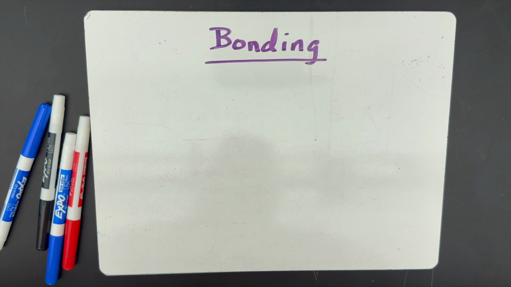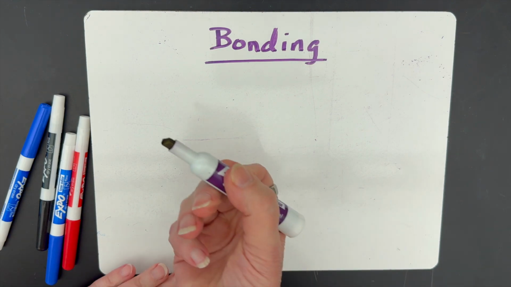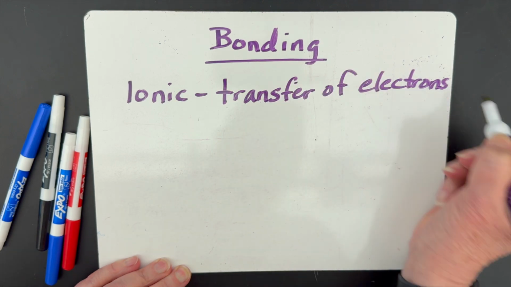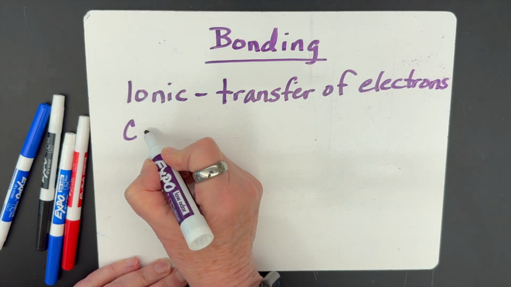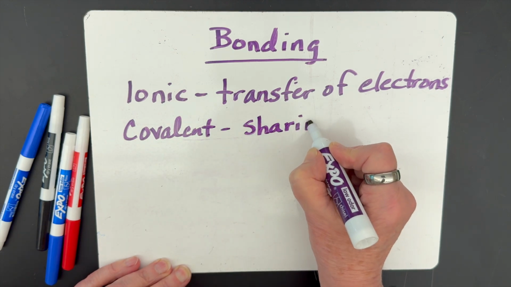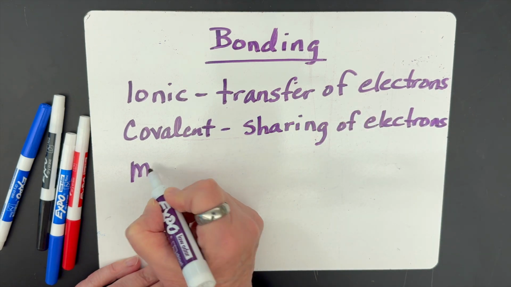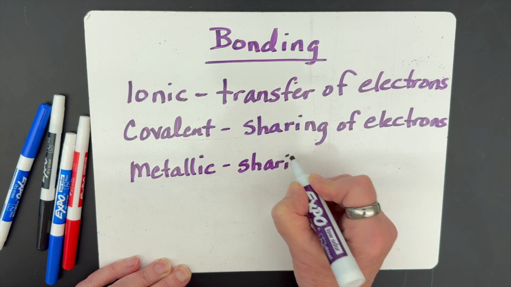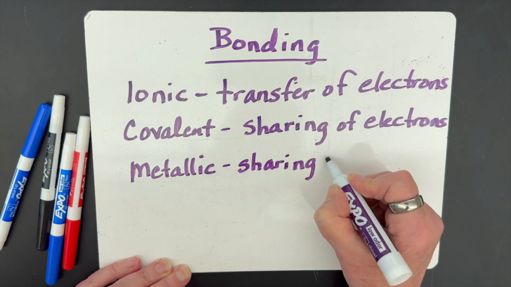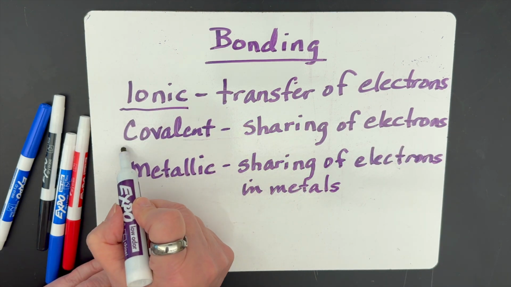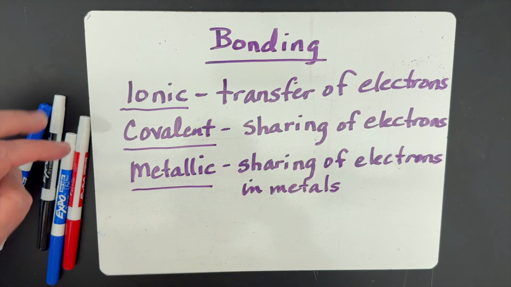There are basically three types of bonding, and they're often described as ionic, which is a transfer of electrons from one element to another; covalent, which is a sharing of electrons between two elements; and metallic, which is a sharing of electrons in a different way between metal atoms.